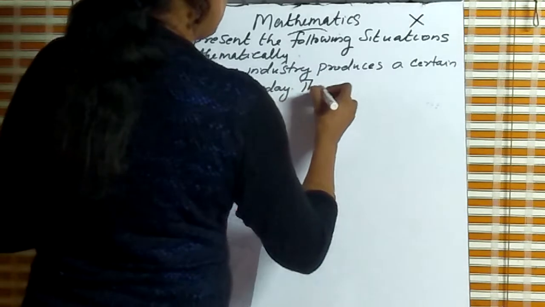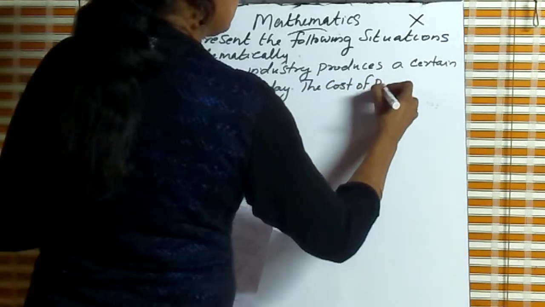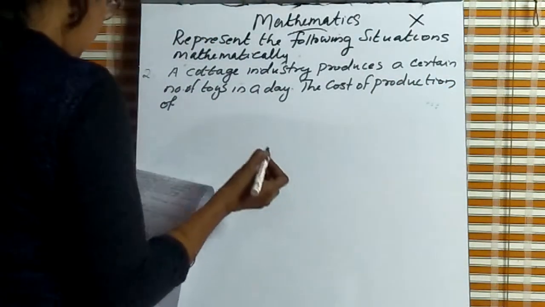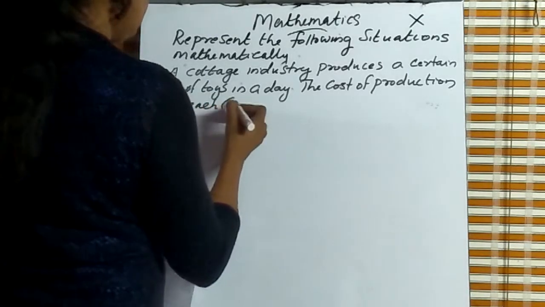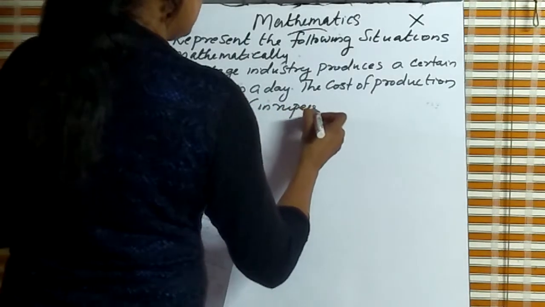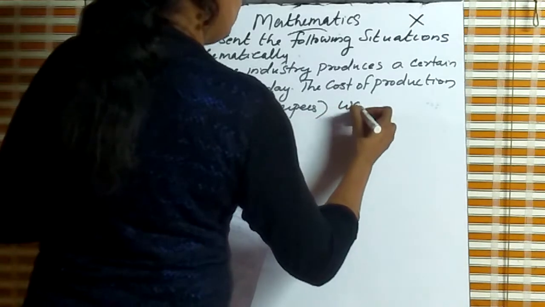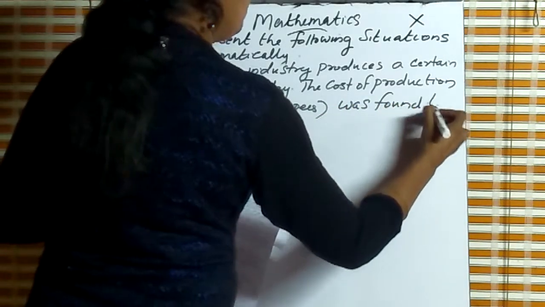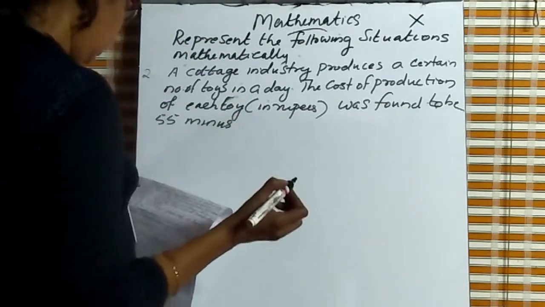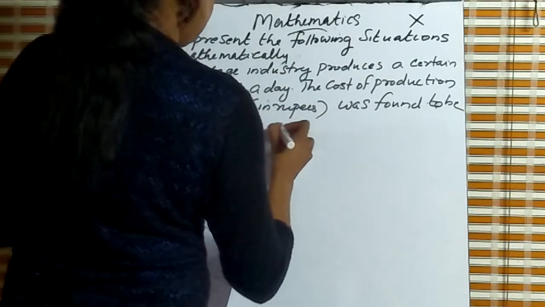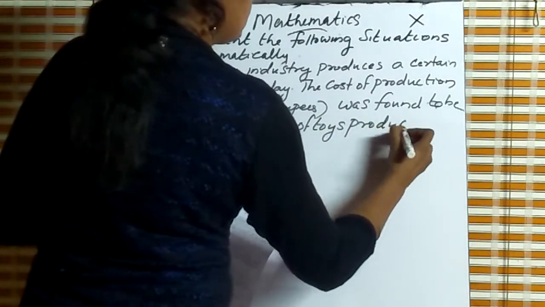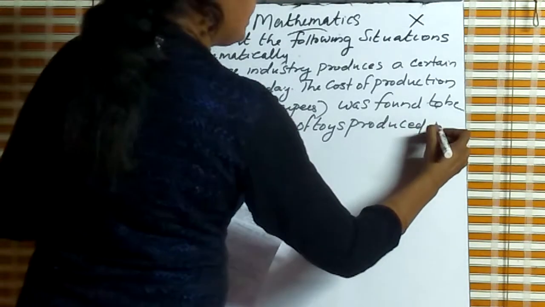The cost of production of each toy in rupees was found to be 55 minus the number of toys produced in a day.